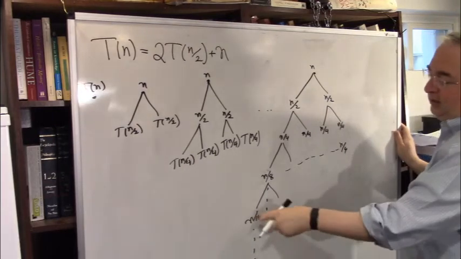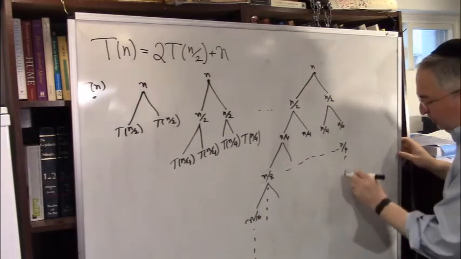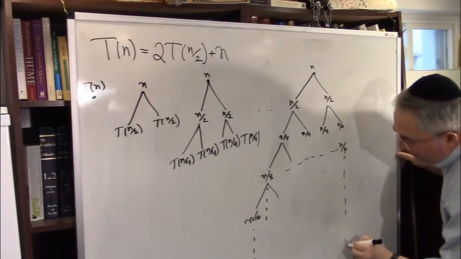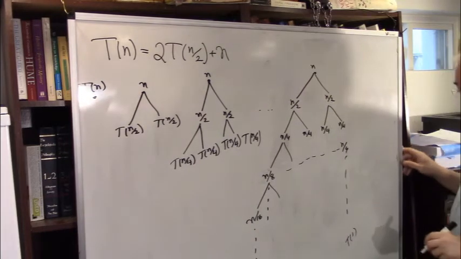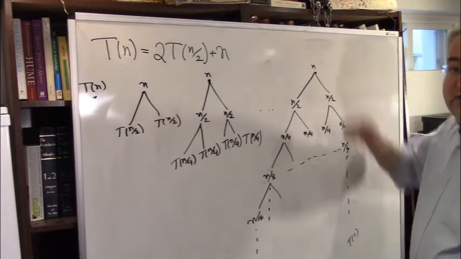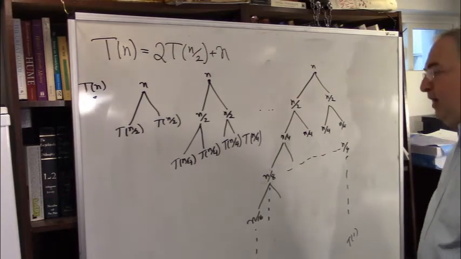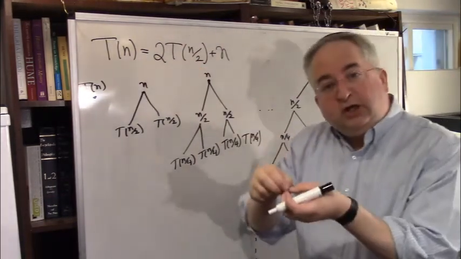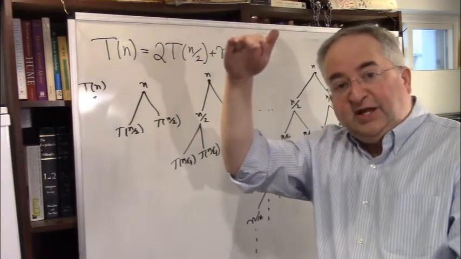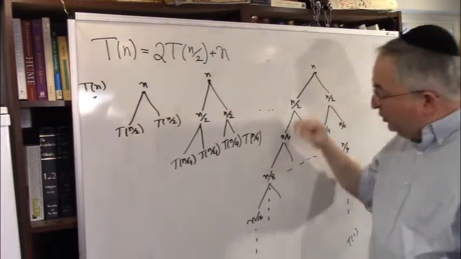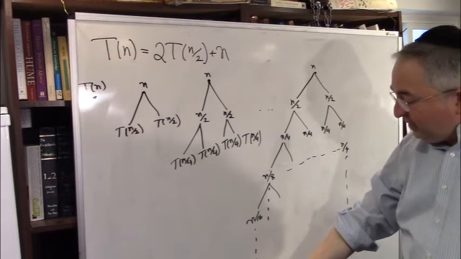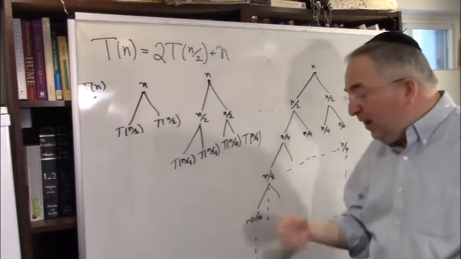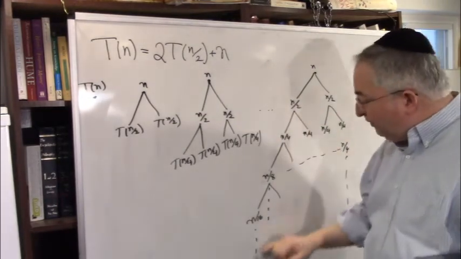This is going to go down also, and you're going to have T(1) over here. Question, how tall is this tree? Before, when we went from n to n minus 1, we said the tree goes until you get down to 1. Here, you're going to go from n until you get down to 1, and each time you're dividing by 2.